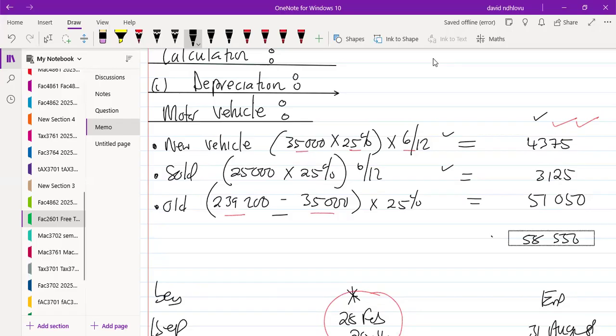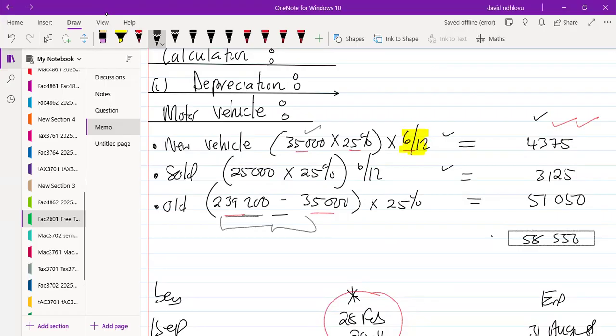Yes. So you see what is happening. I want to isolate the old vehicle on its own. The reason why I'm isolating it is because I don't have to multiply this by what? 25. But this one, the new vehicle, I must multiply by 25. So I can't calculate the two combined. I have to split them. So I then take the combined value of the two vehicles. This value combines, it has got the 35 and whatever it is, that is the old vehicle. The old vehicle here is 239,200 minus 35.